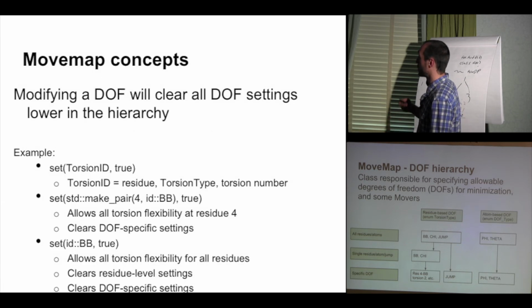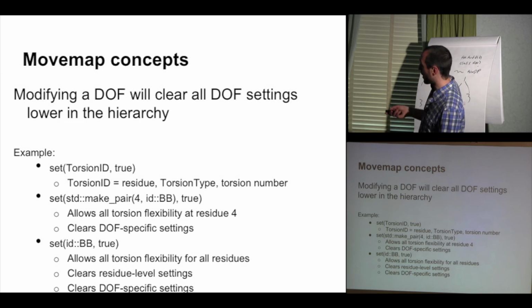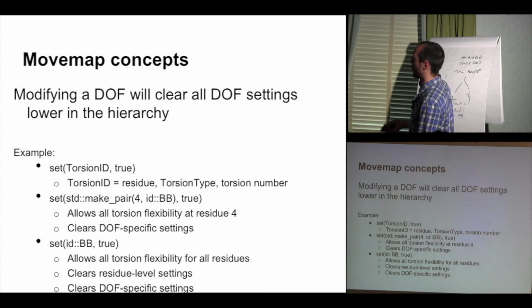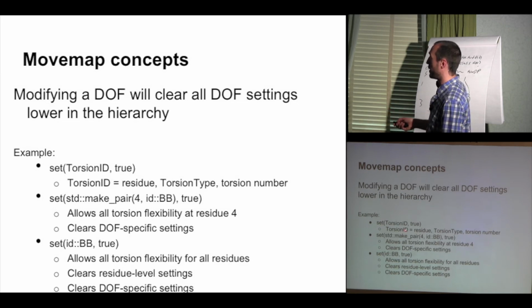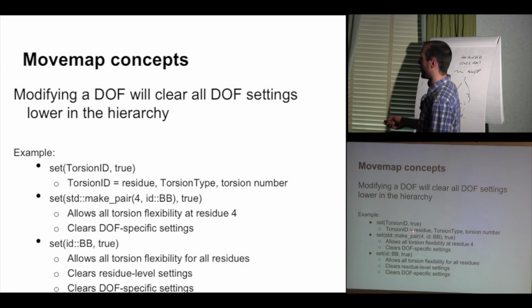And when you specify a degree of freedom, all the settings that are lower in the hierarchy are going to be cleared out. As an example of that, let's say we set a specific torsion ID. A torsion ID is the most specific setting we can have. It's the residue, the type of torsion, and the torsion number. So let's say this is a specific phi that we're setting to be movable in our MoveMap. So we'll set that to be true. And then we set something that's a little less specific.